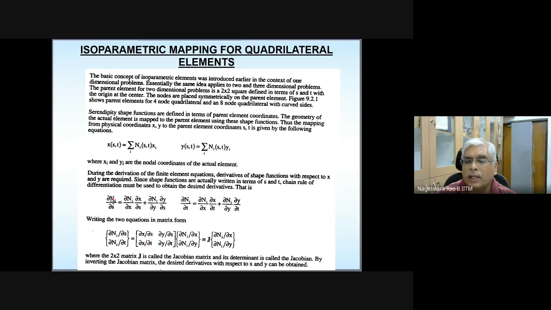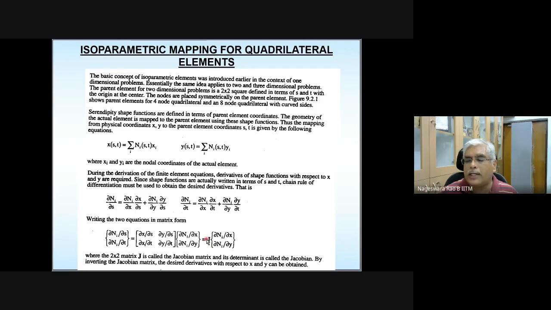Now, if you have taken note of these two equations, you can put them in a matrix and vector form. Writing the two equations in matrix form, it's going to result in that. And here you can see the Jacobian. J is used and J is bolded here.